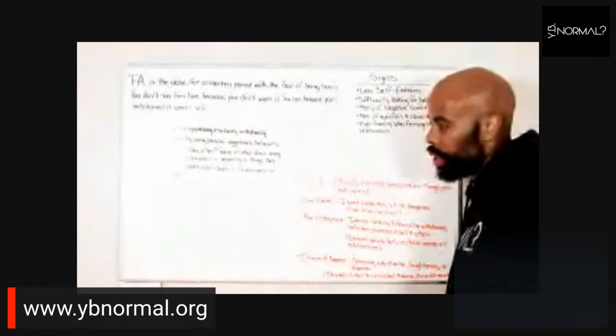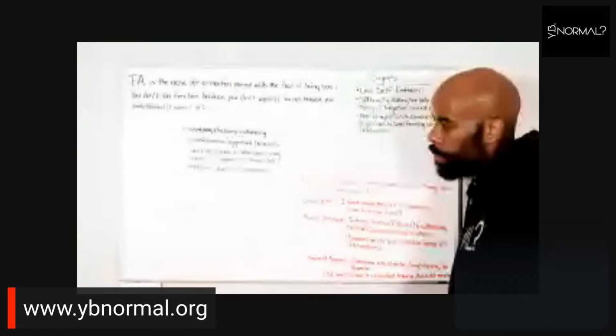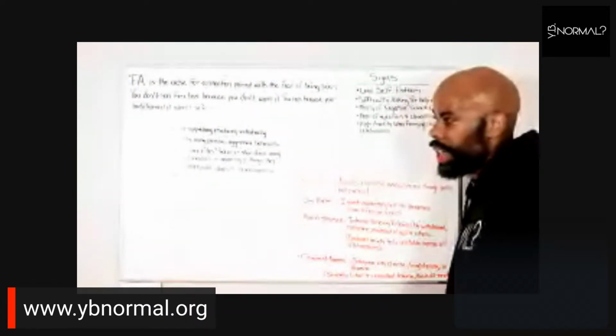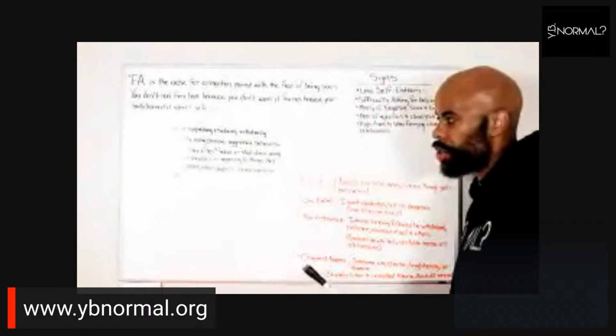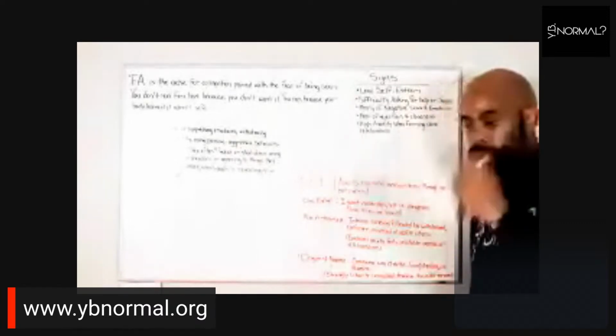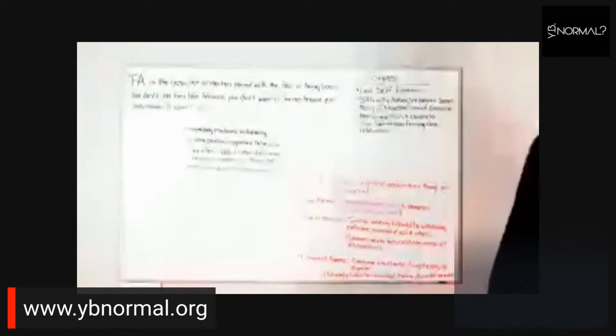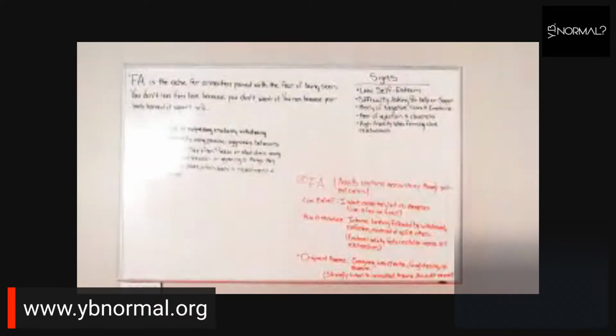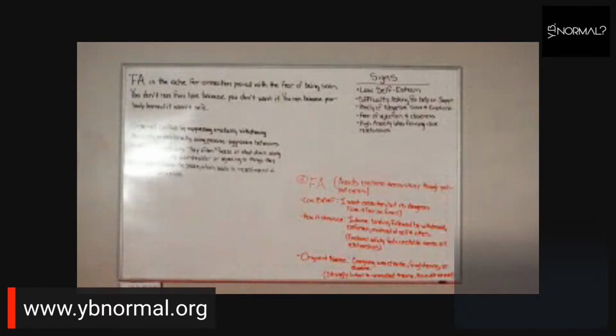Also, with the cold shoulder, they agree to things that they don't mean to keep peace, which leads to resentment or emotional outbursts. Like I told you all, I was an FA, and I would hold stuff in. With holding stuff in, I would literally give the cold shoulder to an individual.